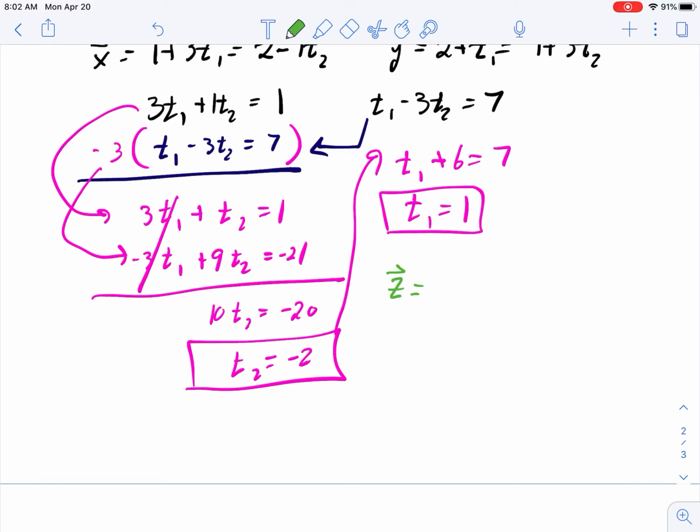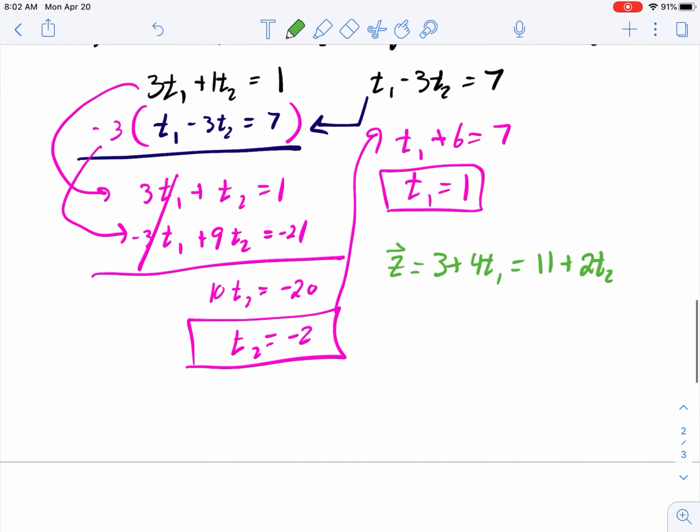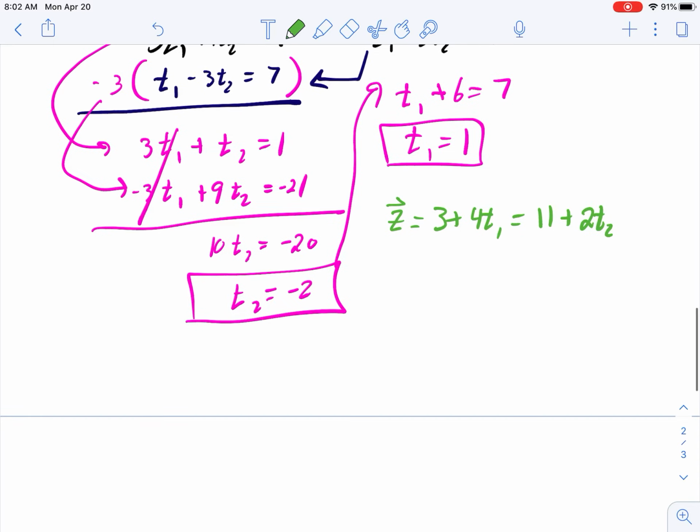Now this is where I need to come in with my Z component. Make sure everything works. So my Z component is 3 plus 4t1 is equal to 11 plus 2t2. And cleaning this up, I have 4t1 minus 2t2 equals 8.